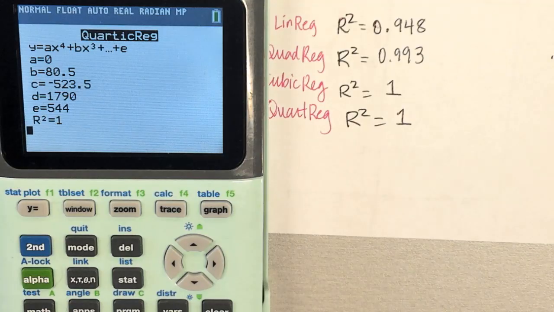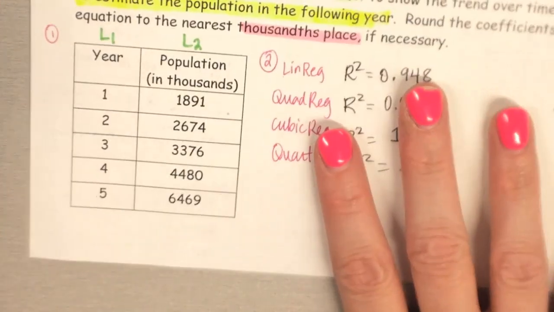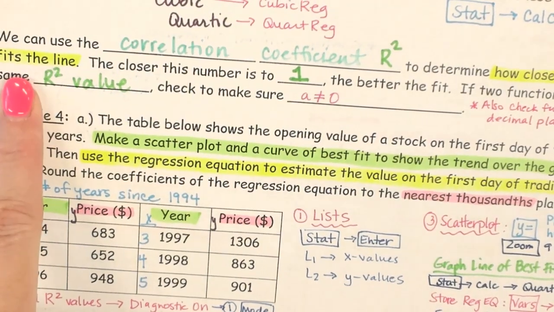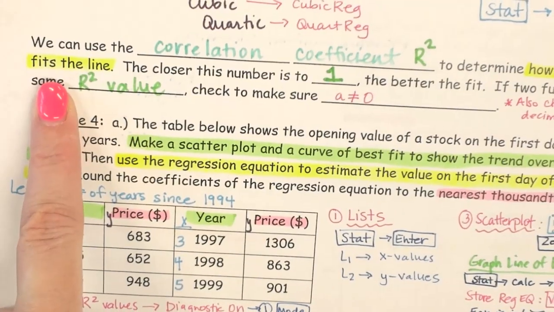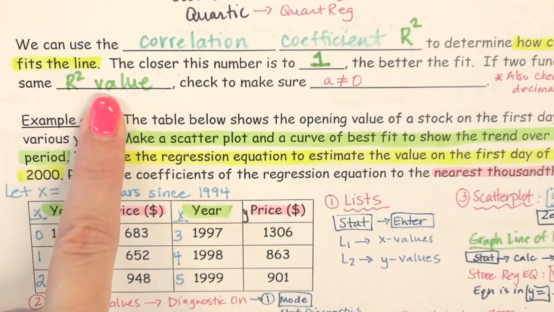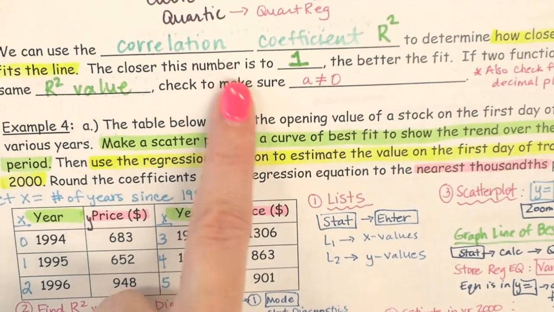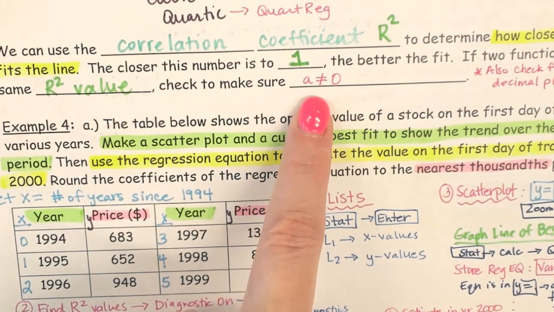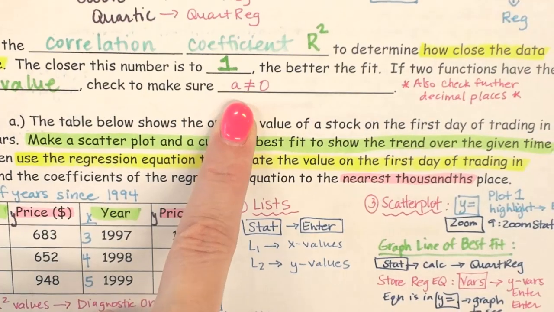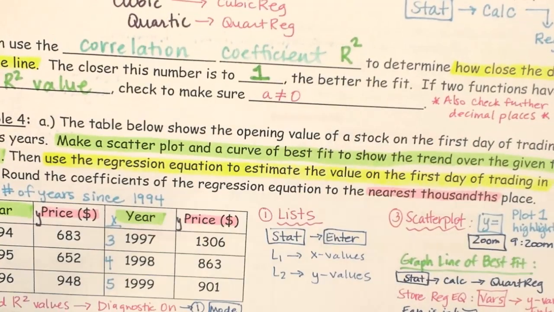I'm just going to remind you of something that we talked about yesterday. We're using this correlation coefficient to determine how close it fits the line. If two functions have the same R squared value, we said that we had to check to make sure that the A value was not 0, and also check further decimal places if you can.